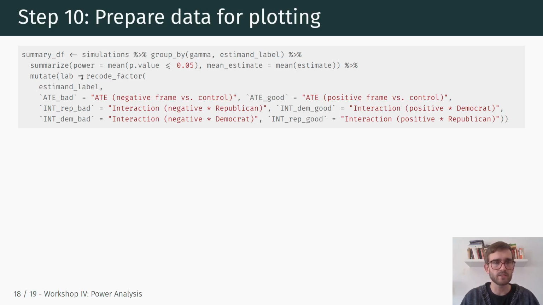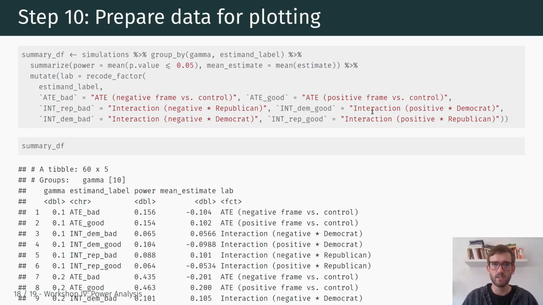Then I'm just creating an additional factor variable based on the estimand underscore label. So that's the indicator for the different estimands, and I'm just creating some nicer labels for the plot that we're going to have on the next slide, right?